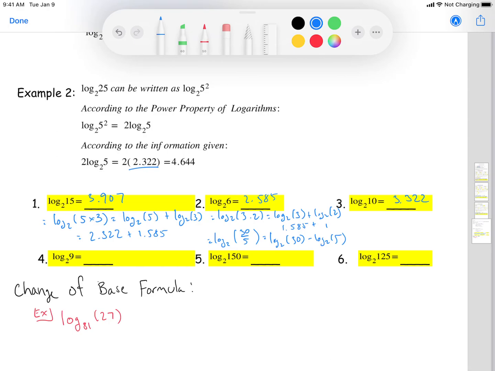Either way, it'll still get you it. What about log base 2 of 9? What do we get? 3.17, yep, because this is log base 2 of 3 squared, or 2 times log base 2 of 3.